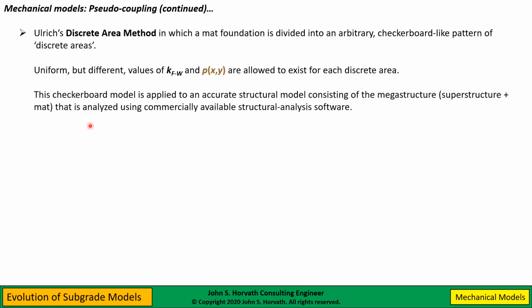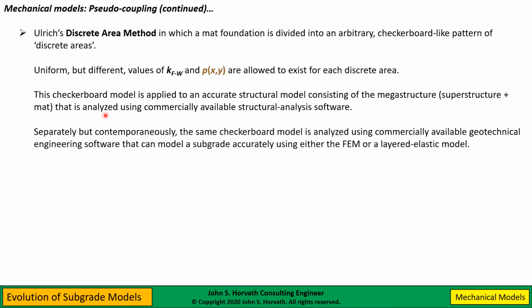So what you do is you have two simultaneous analyses. The structural engineer does an analysis of the megastructure, the superstructure, and mat using structural software. At the same time, the geotechnical engineer uses some geotechnical program. It could be a finite element program, it could be a layered elastic program.